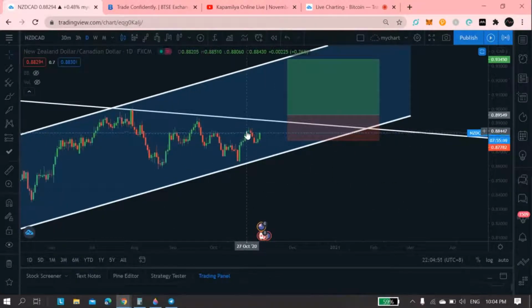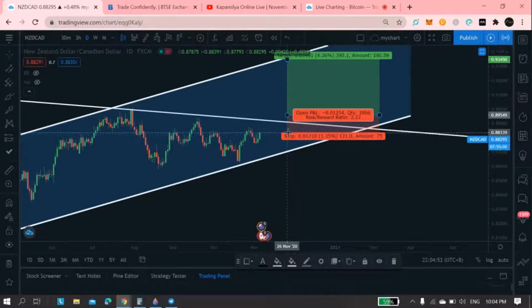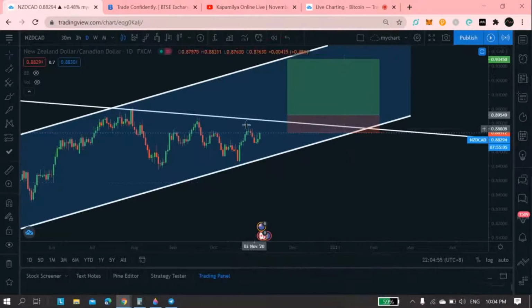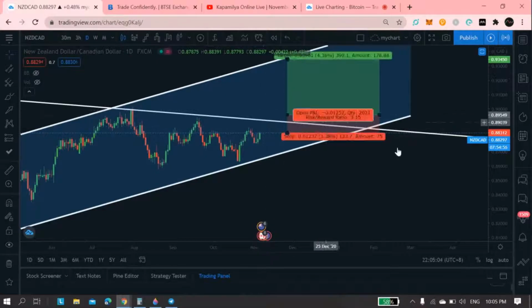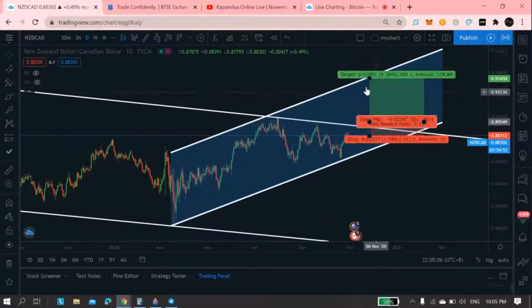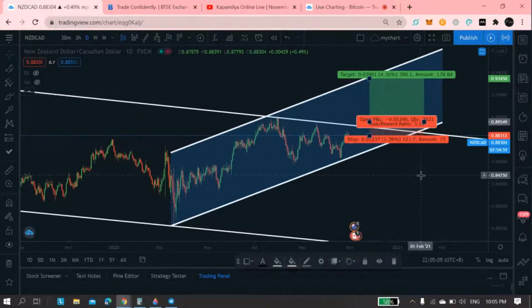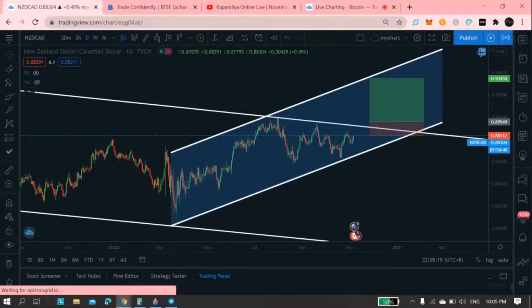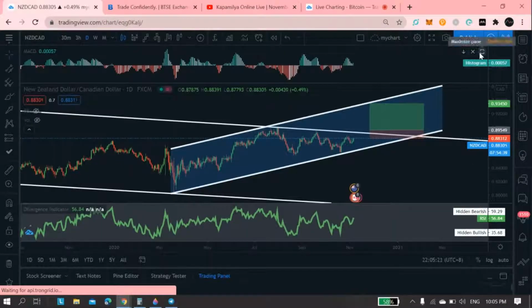There's actually a doji here, so I will use that as a stop loss. 1, 2, 3, so it's already near it. I'll just wait and enter long after it breaks out, with a possible target of around 93 cents and a stop loss at around 88 cents.